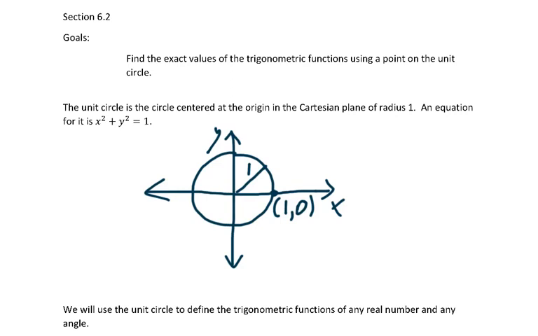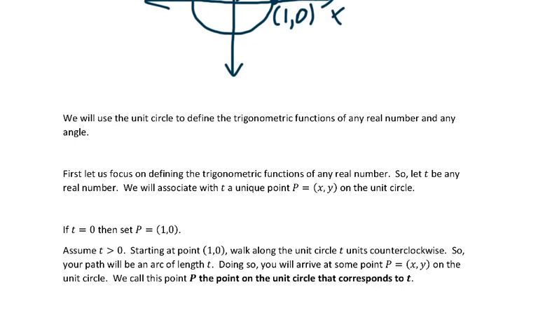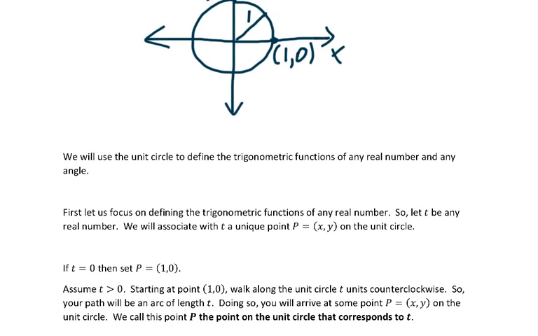What we're going to do is this. For any real number, we can associate it to a unique point P that is on the unit circle. So you give me a real number T, whatever that number is, and I am going to show you how you can associate it with a unique point P on the unit circle.